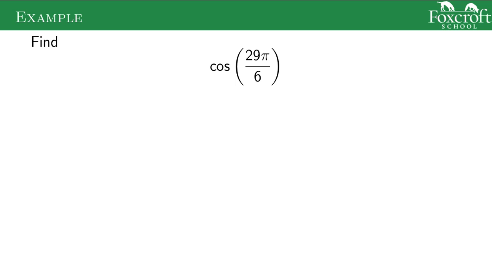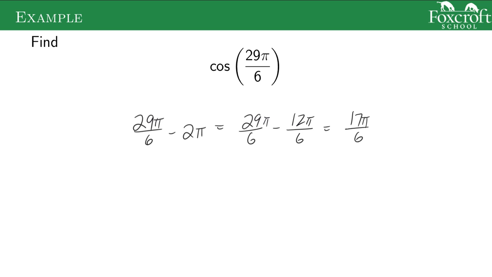This one is very similar, 29 pi over 6. I'm picturing in my head the unit circle, and 29 pi over 6 is not on there because it's too big. So what I'm going to do is subtract 2 pi, which is 12 pi over 6, since I multiply the top and bottom by 6. 29 minus 12 is 17. 17 pi over 6 is still not on the unit circle, so I do it again.